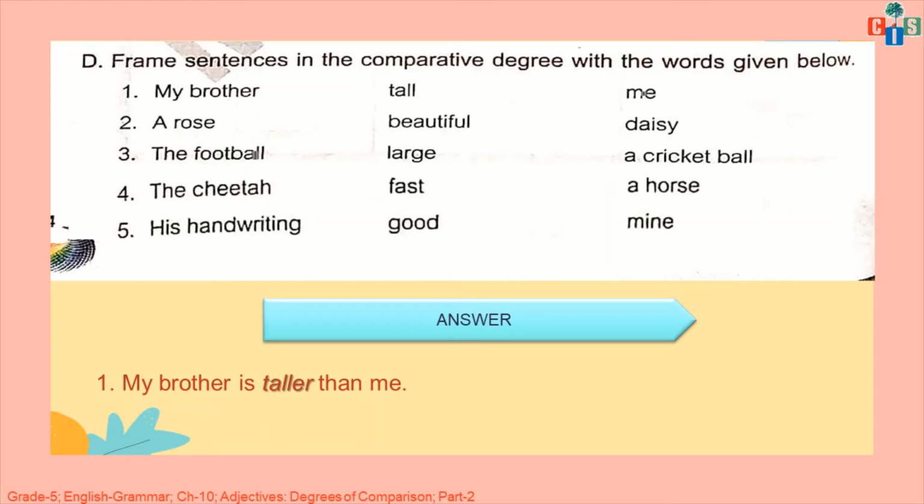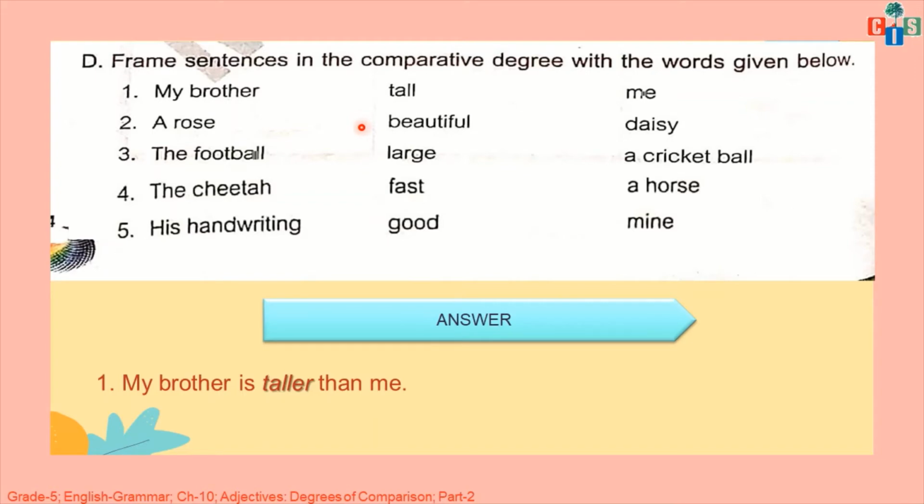I will do one more for you: a rose, beautiful, daisy. Okay, these are the hints. So how will I write this? A rose is beautifuler? No, because we cannot add er to every word, and the word beautiful cannot change. So I will add more before the word beautiful. Why will I add more?